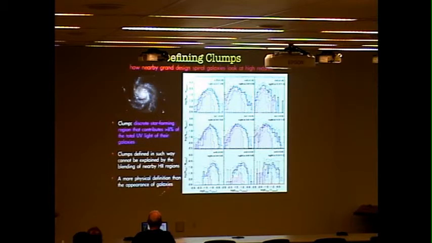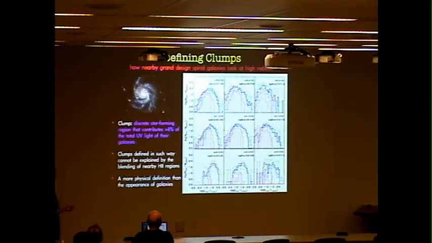So here the plot shows the fractional luminosity function of clumps. The y-axis is the number of blobs per galaxy, and the x-axis is the rest-frame UV luminosity of blobs, rescaled by the total UV luminosity of the galaxy. The black histogram is the function of real blobs, and the red histogram is the function of the blobs in the redshifted nearby galaxies.